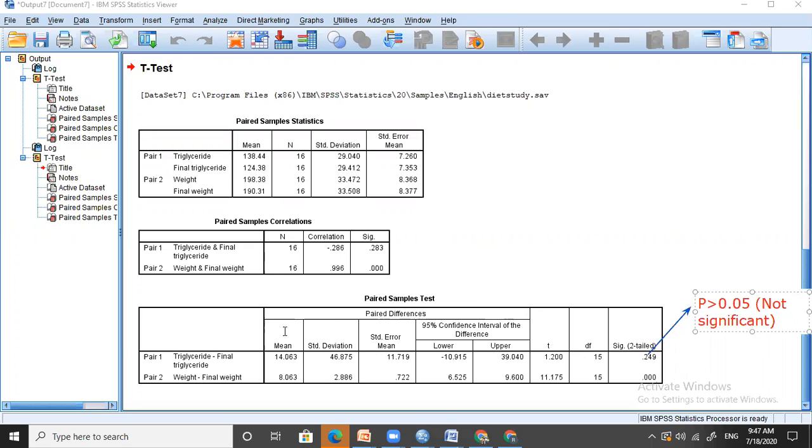So we can say that there is no significant impact on the level of triglyceride. But in the case of the second pair, that is weight, you can see that the value of p is less than 0.05, and so it is significant, right?